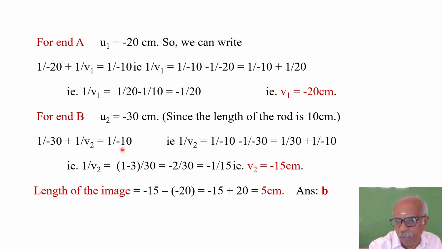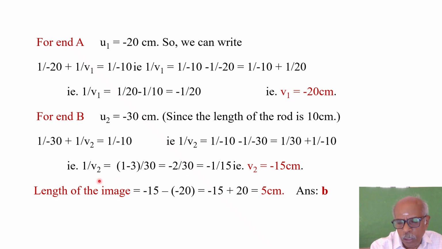So 1 by minus 10. You keep 1 by V2 here and bring 1 by minus 30 to the other side. So 1 by minus 10 minus 1 by minus 30, that is minus minus plus. So plus 1 by 30 plus 1 by minus 10, or you can also say minus 1 by 10.